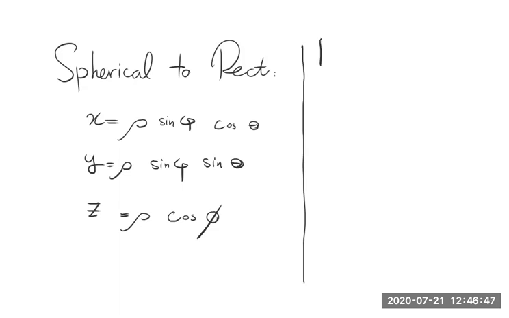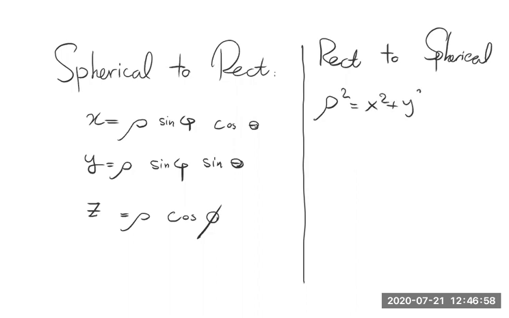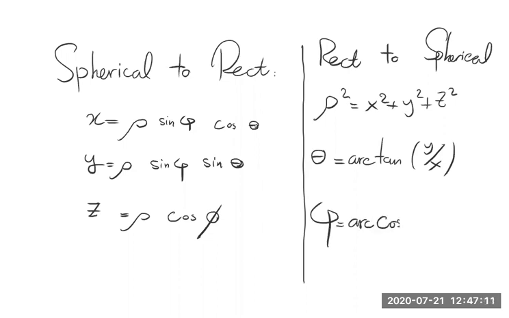How can we go from rectangular to spherical? Well, rho squared is going to be x squared plus y squared plus z squared. Theta would be arc tangent of y over x. Phi would be arc cosine of z over the square root of x squared plus y squared plus z squared.